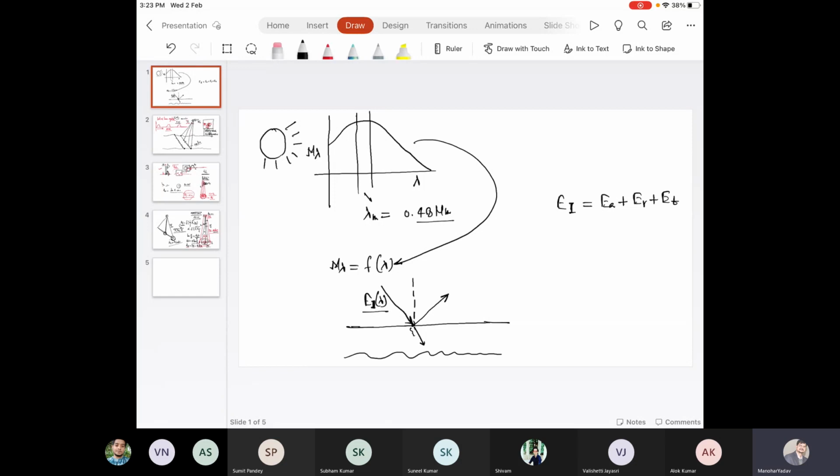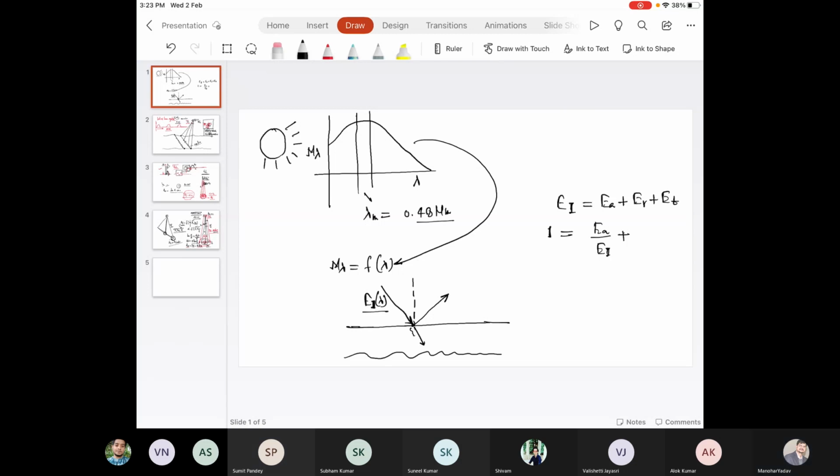If you divide the left-hand side and right-hand side by the incident energy component E_I, then you have E_absorbed over E_I. With this discussion, I suggest you make a note as well, in your notebook. Yes, I suggest all of you write it.